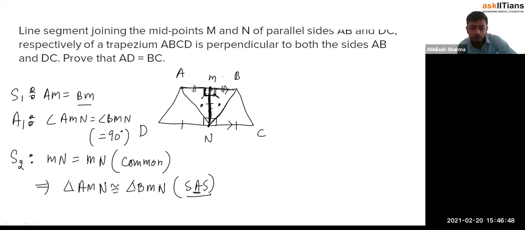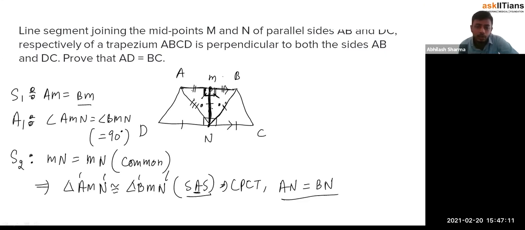That's why the included angle has come here in between S and S. So by CPCT, we get that AN, first and third letters we have taken, then BN should come, equal to BN. So we have proved that AN equal to BN.